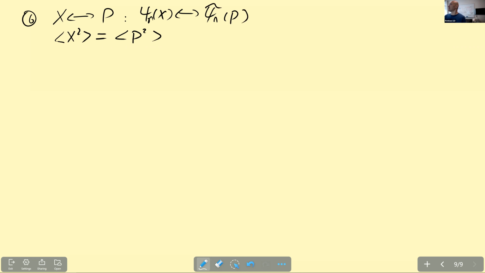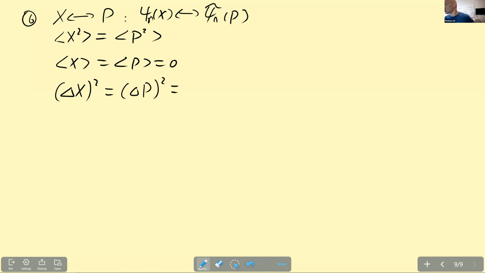So these two are the same. That means if we calculate the average of a physical quantity, they must be the same. And we also have this one equals 0, which is known. So that means we must have delta x, the variance of x, and the variance of the momentum, must be the same.